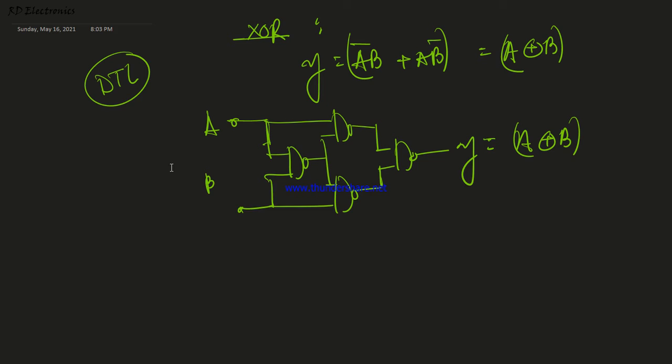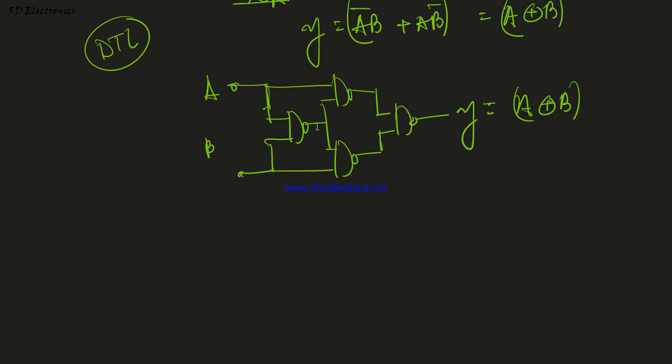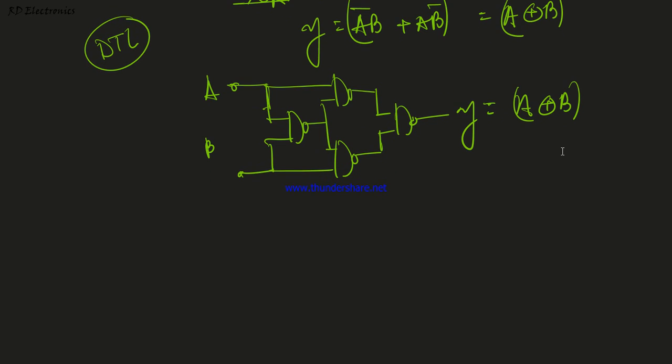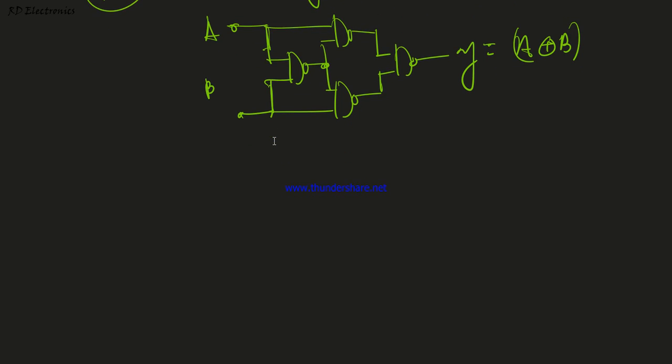So here 4 NAND gates are connected. Everyone knows how the XOR gate comes. In the previous video we showed that these 4 NAND gates produce an output equal to the XOR gate. Now we build each NAND gate using DTL technology.